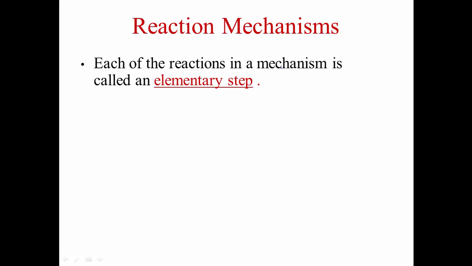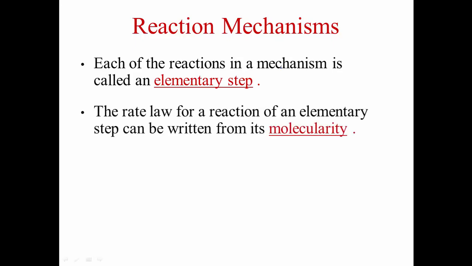Each of the reactions in a mechanism is called an elementary step. An elementary step is a balanced equation that represents an actual collision between particles. So if that's the actual collision between particles, then for that elementary step, we can write a rate law from its molecularity.